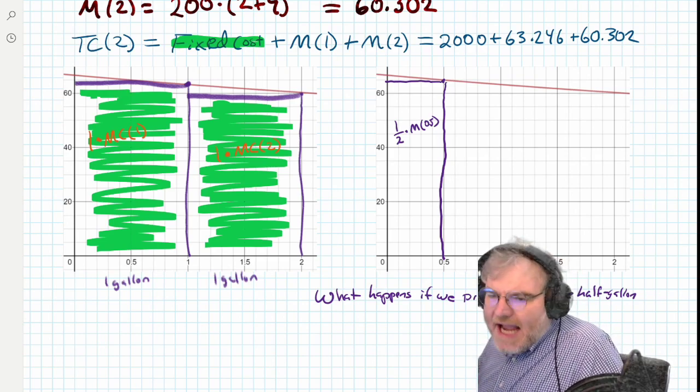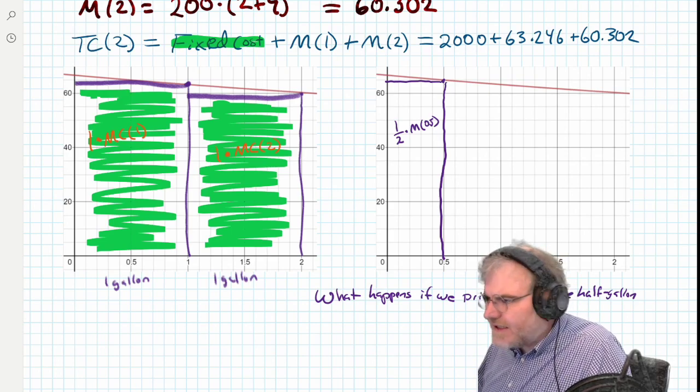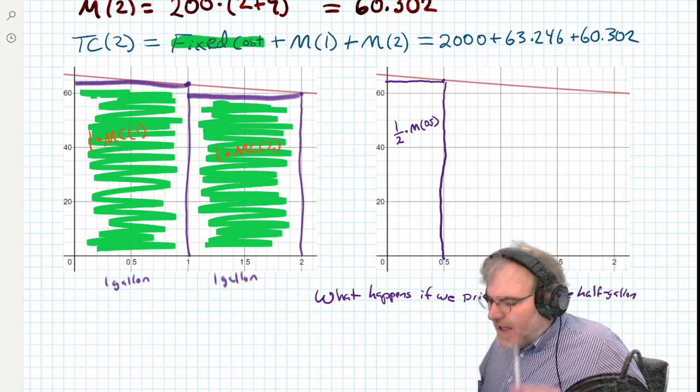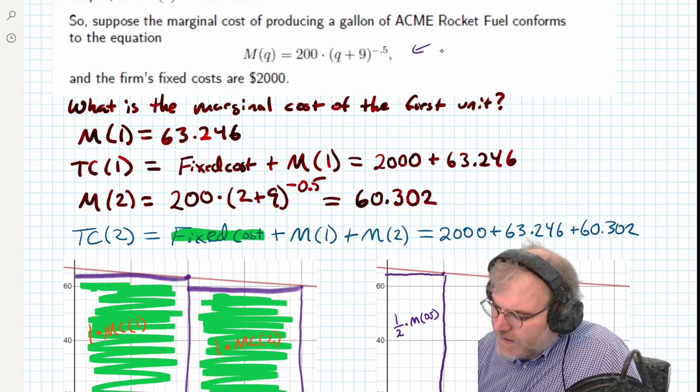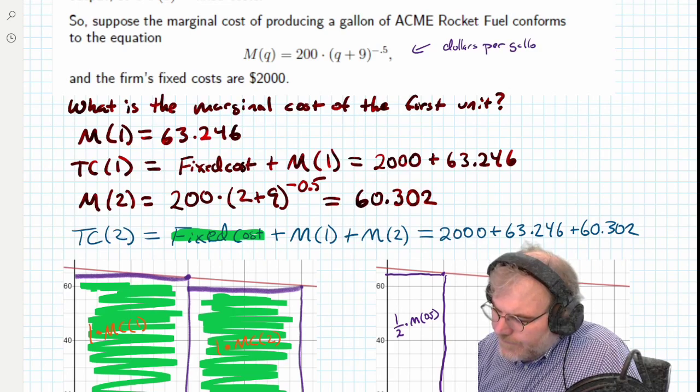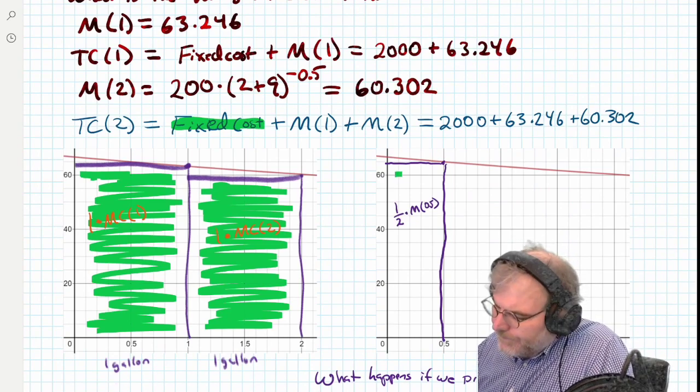So if I'm only making half of a gallon of gasoline, I take the marginal cost times 1/2, because that's the amount I'm producing. Note that this is in prices, in dollars per gallon. So I'm producing half a gallon of gasoline.